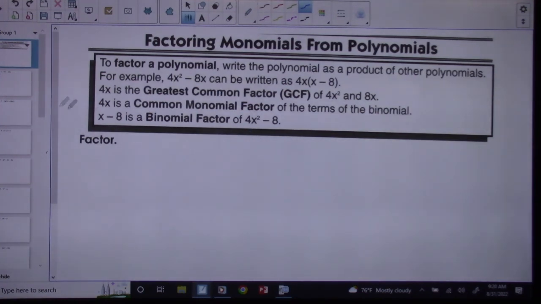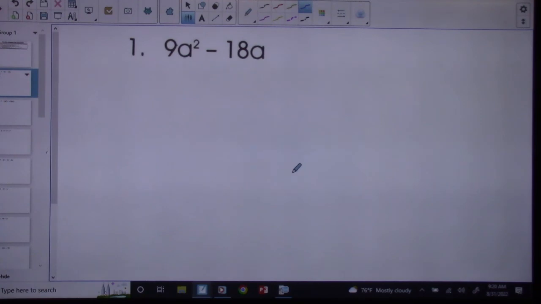All right. Let's look at number one. We'll do just a few of these. Most of these you're probably going to want to take home, but we'll do a few. So in number one, we have 9a squared minus 18a. What's in common to both of those terms? 9, right? So we're going to put the 9 out front. And what's in common between a squared and a?